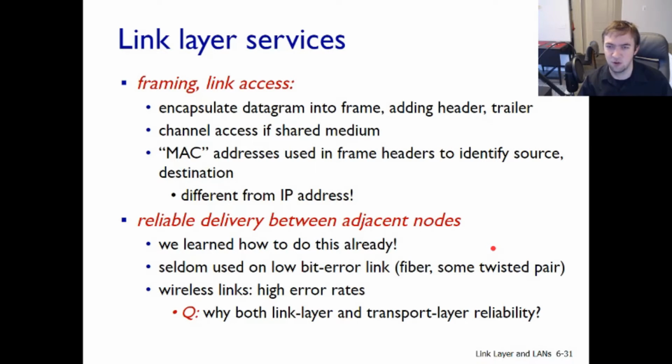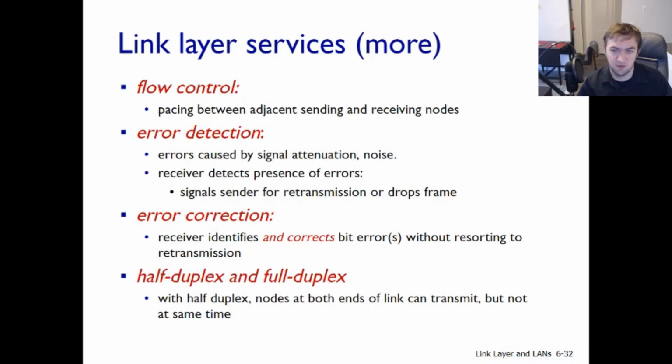It can be a bit more efficient. Some more services we have available include flow control. We've seen this already in other layers, which is the pacing between sending and receiving. Error detection and correction is a little bit interesting in that sometimes at the link layer you can notice that a 1 has been changed to a 0 or vice versa.